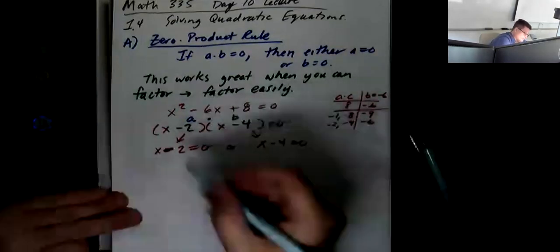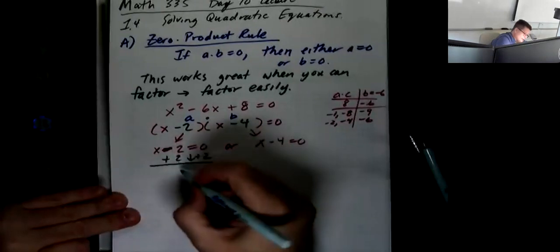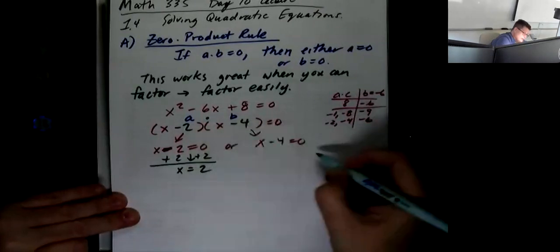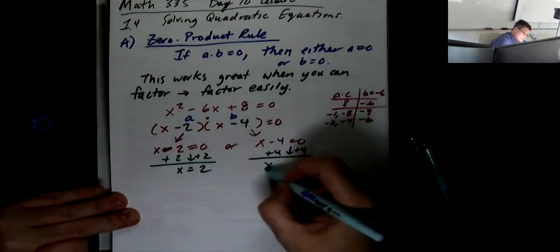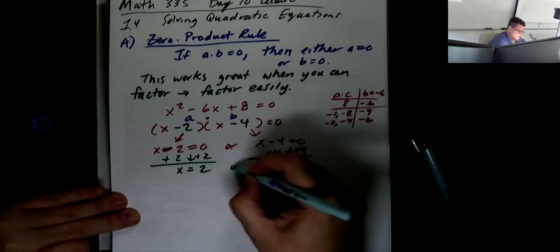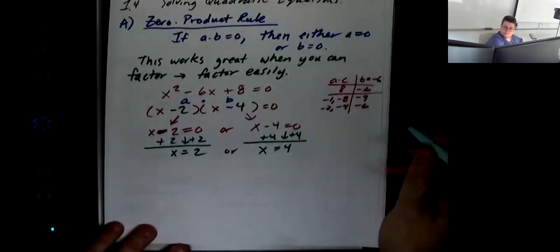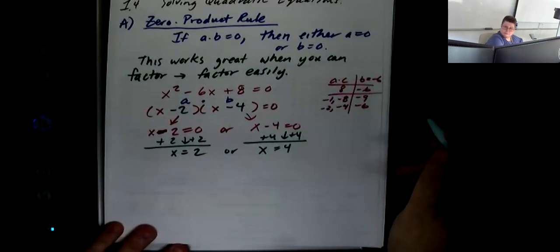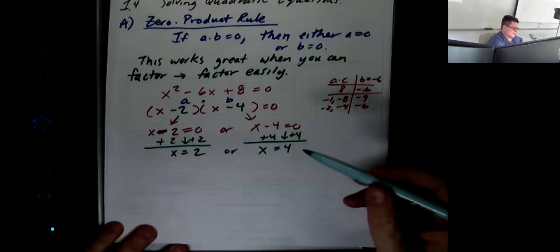We can just solve on each of them. Add 2 to both sides here. We learned how to solve linear equations. Add 4 to both sides here. I get x equals 4. X equals 2 or x equals 4. And you could check your work on both of them.